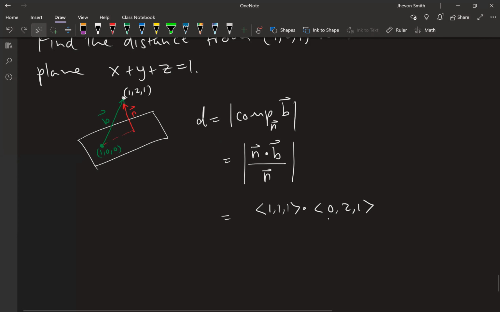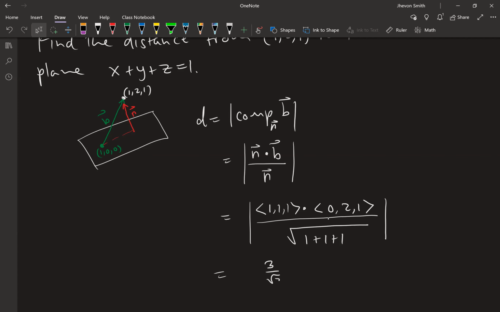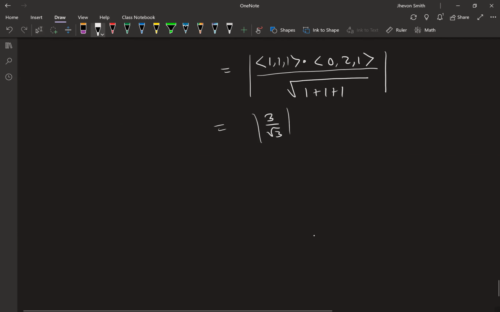And then I would divide that by the magnitude of the normal vector, 1 plus 1 plus 1. So on the top, that's going to be 3 over radical 3. And that's the distance, 3 over radical 3.